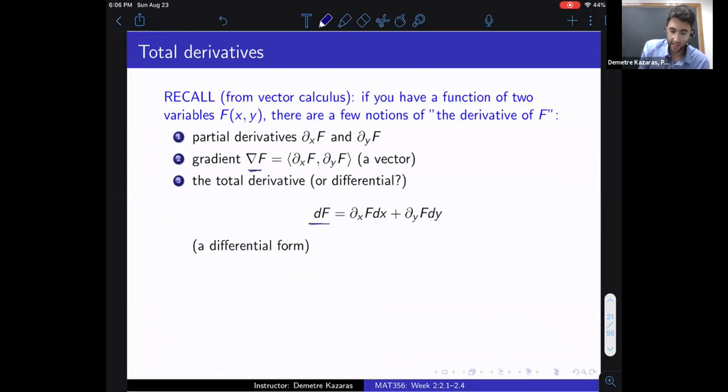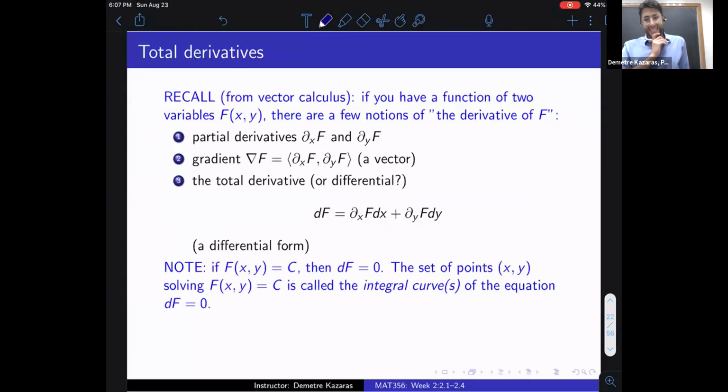It's df, and it is the differential form looking thing that we talked about just a second ago. It is partial derivative with respect to x, dx, plus partial derivative with respect to y, dy. So we've seen these things before. It's a way of organizing the derivative of a function of two variables.